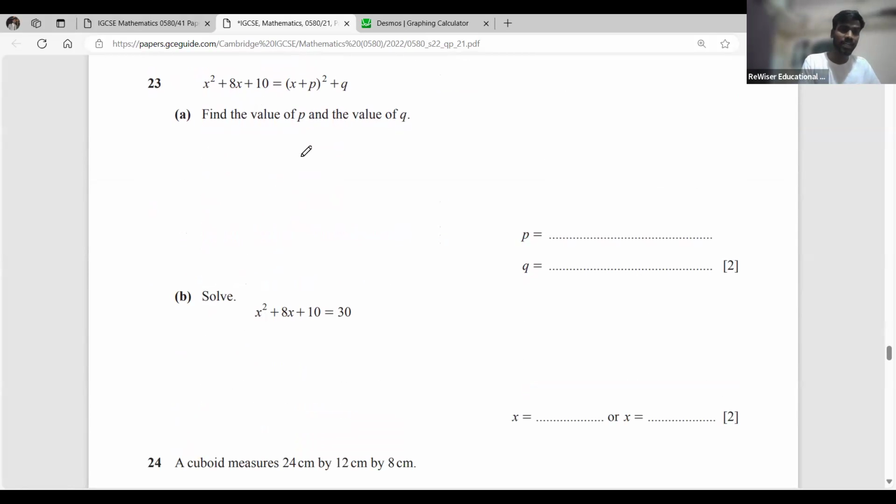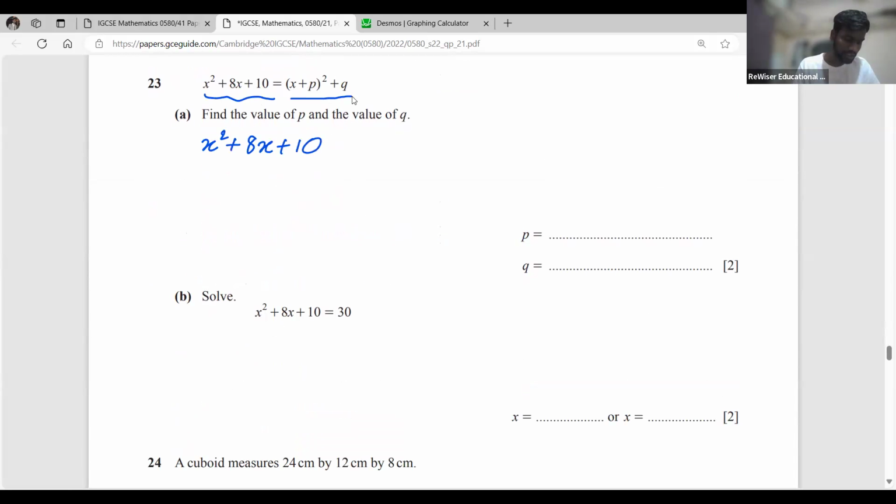Part A is on completing the square, and part B, we can solve it normally. So the completing the square method under quadratic equation would go something like this. Step number 1 is I have to take the coefficient of x squared common out if any. And here I don't have any coefficient of x squared.